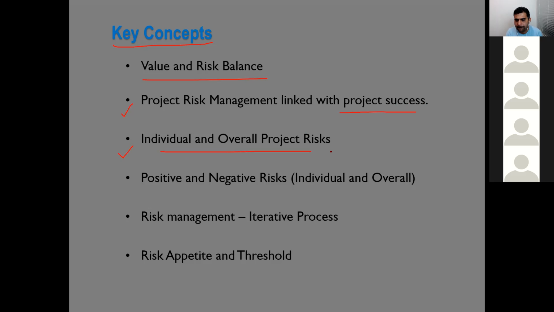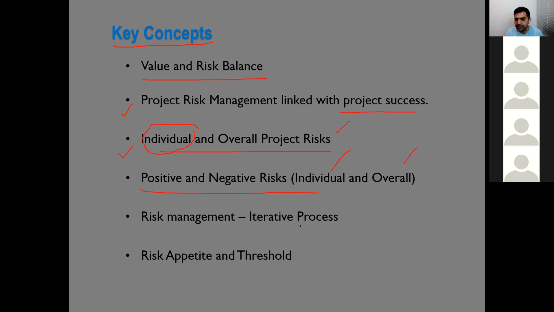Individual and overall project risks. We talked about both of them. By doing qualitative and quantitative risk analysis, we identify probability and impact for each individual risk, and we also find out the risk exposure for the overall project. We also talked about positive and negative risks that could be individual, could be overall.